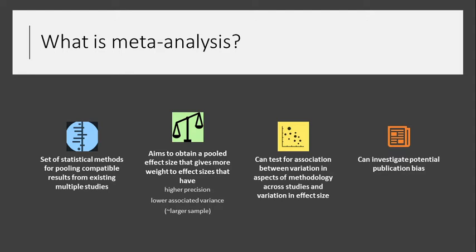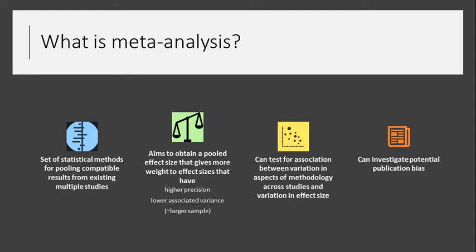With meta-analysis, you're aiming to obtain a pooled effect size that gives more weight to larger studies with less variance, higher precision. So that tends to be studies which have larger samples that get given more weight.